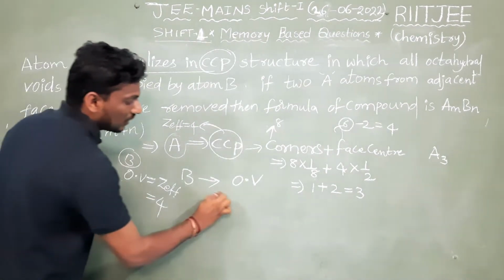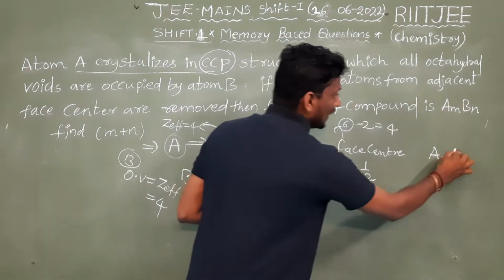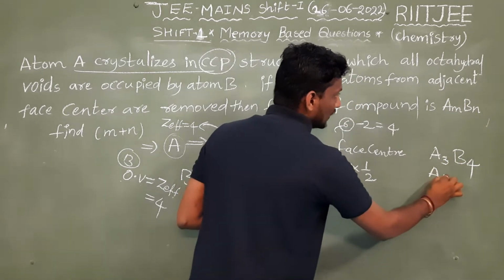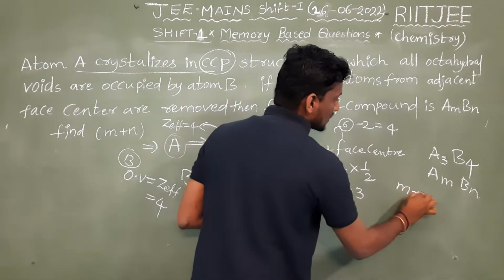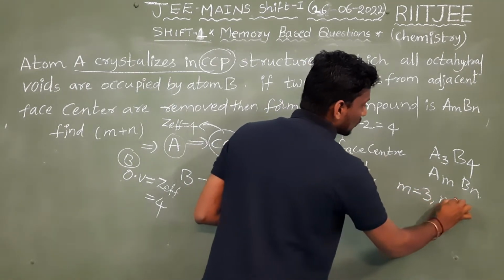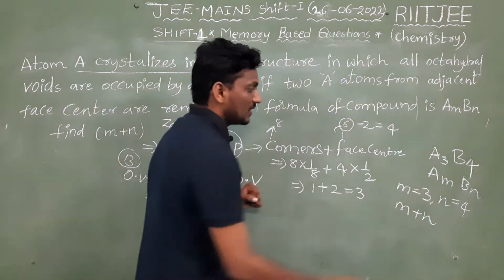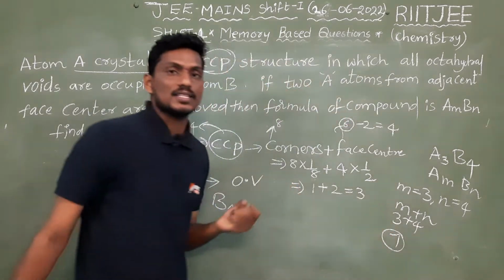Nothing but B4 here. Now the formula of the compound is A3B4. Let us compare with AM and BN. So from here M is equal to 3 and N is equal to 4. They are asking the M plus N value, which is 3 plus 4, which is equal to 7. 7 is the answer of the question.